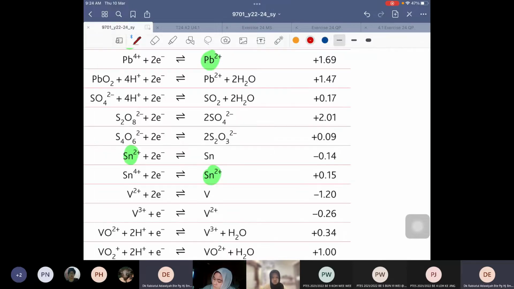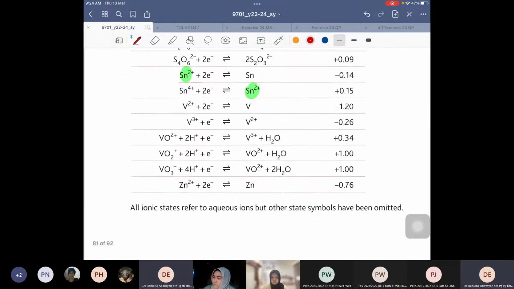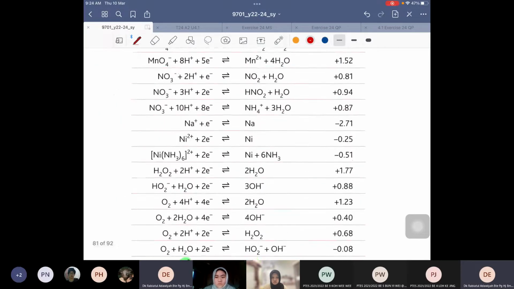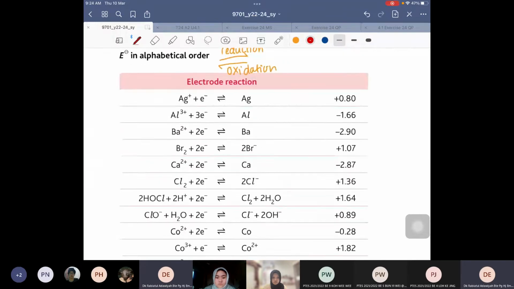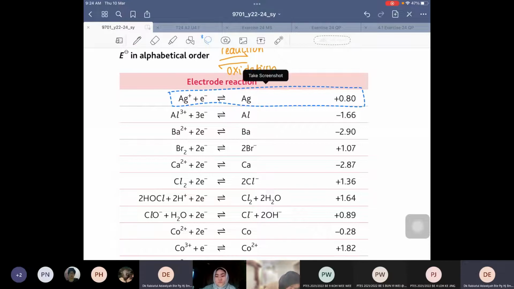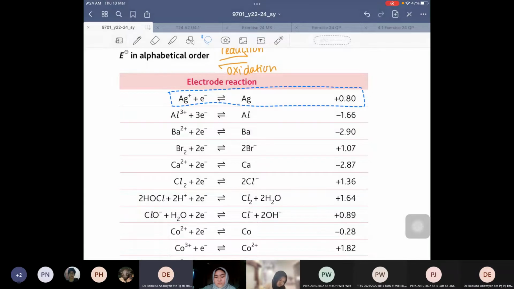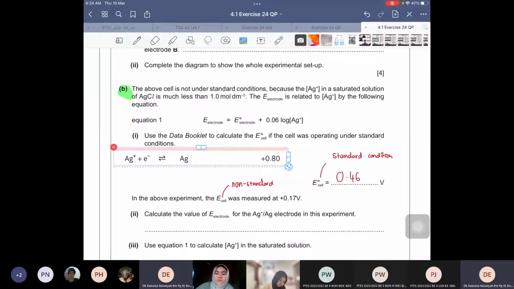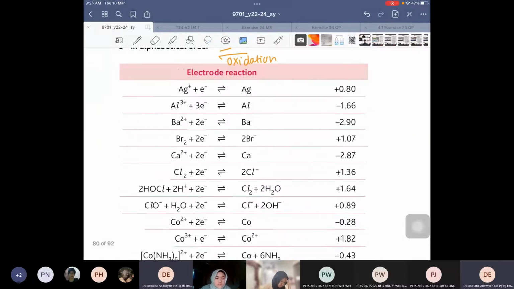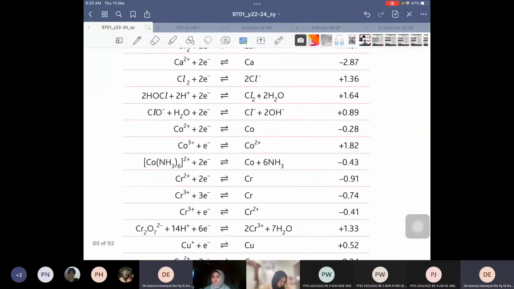Even though we are not using standard condition, I always need my half equations. So I still need my silver ion, silver half equation. I'll just put it here. And the other one, the other side would be the copper.